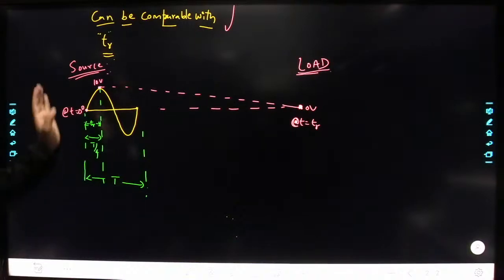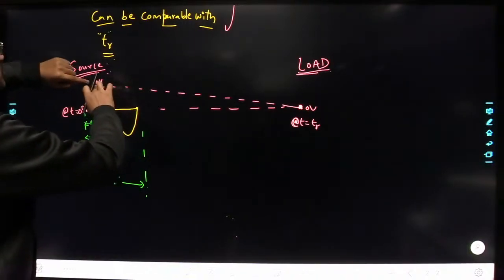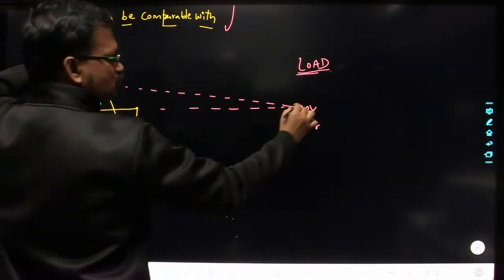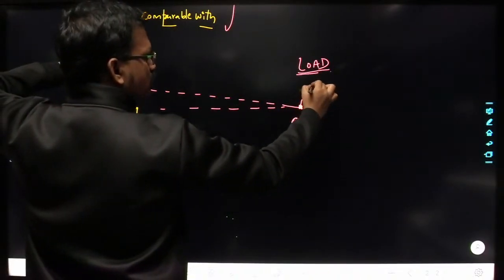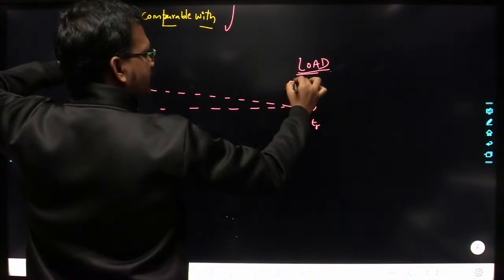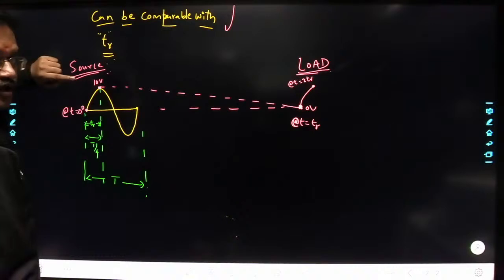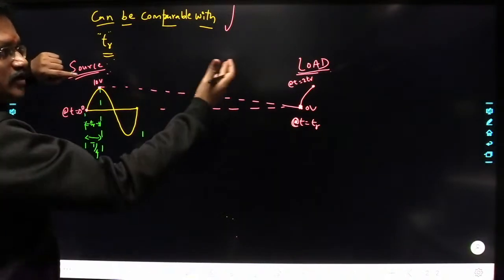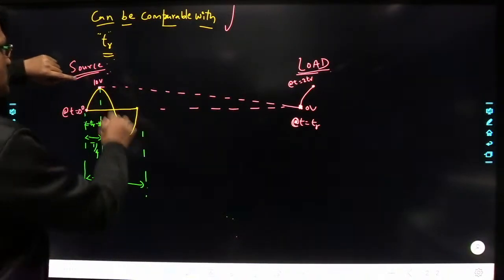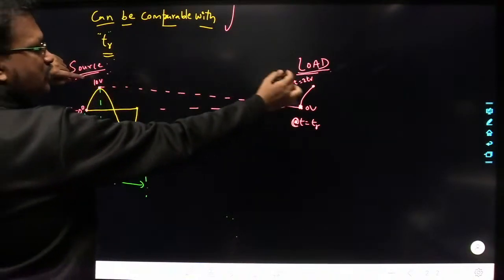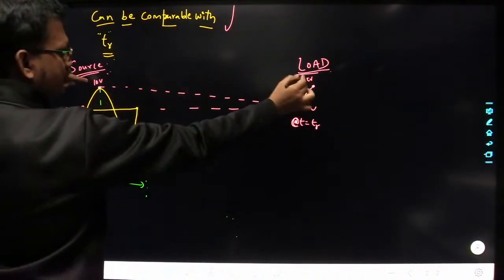Understood? Okay. So next what will happen here? Next this 10 volts will transport from source to load. So this is at t is equal to 2 times of TR. Understood? Okay. After t is equal to 2 times of TR, this signal is going to travel from here to there.